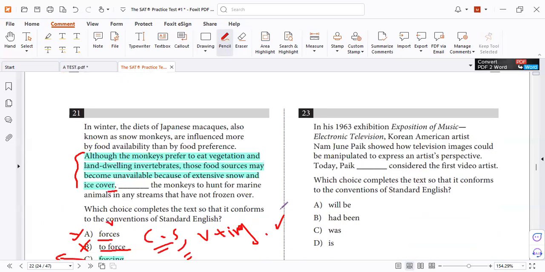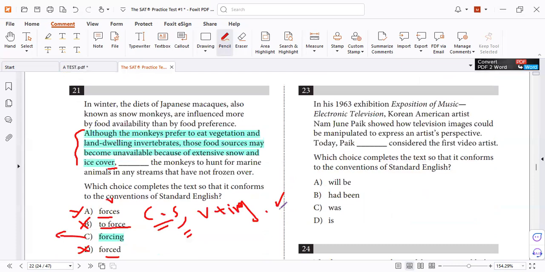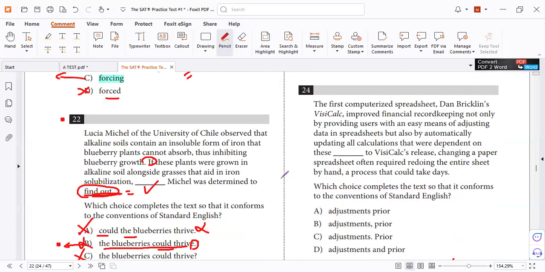Now choose as you like, 23, 24. The first one is C. So letter C is correct.